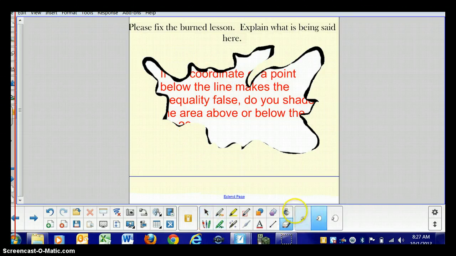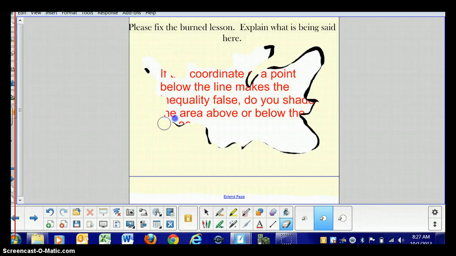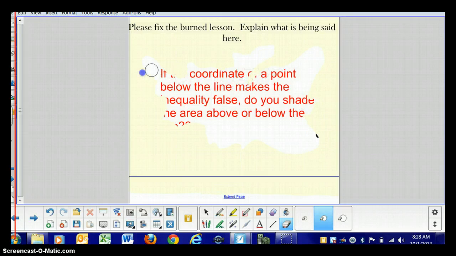Can I erase it? Oh, I can. Kinda. What does it say? What does it say? Alright, I guess we'll have to talk about that one in class. On to the next slide.